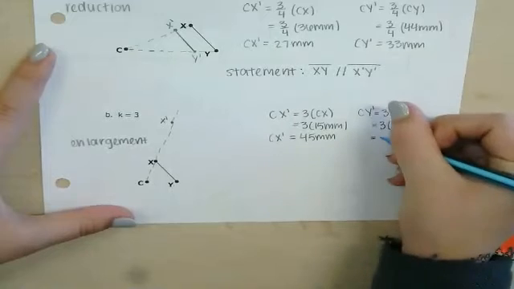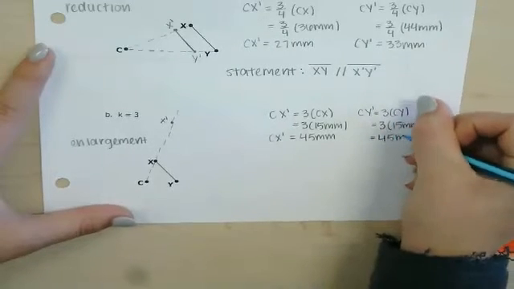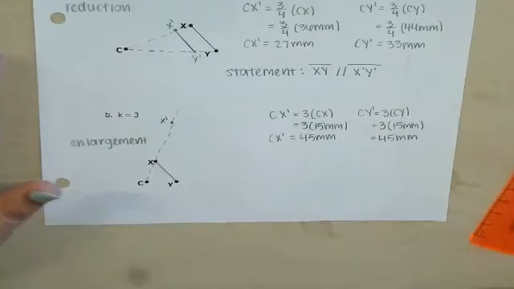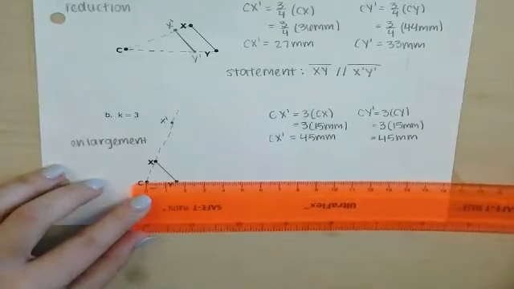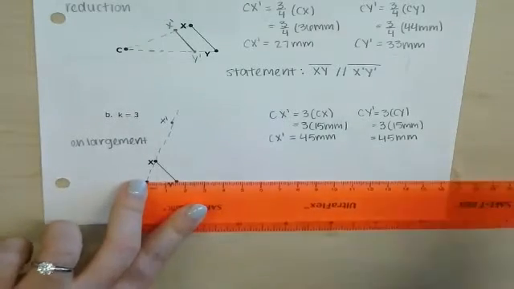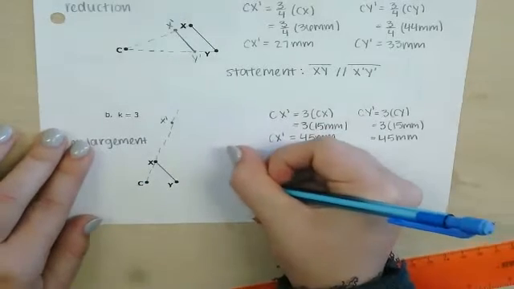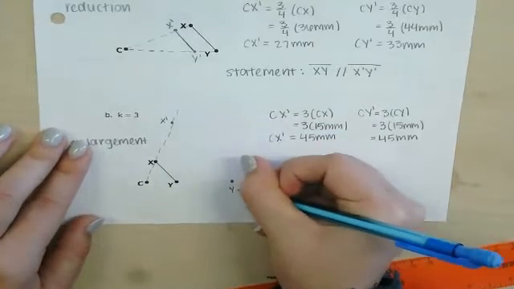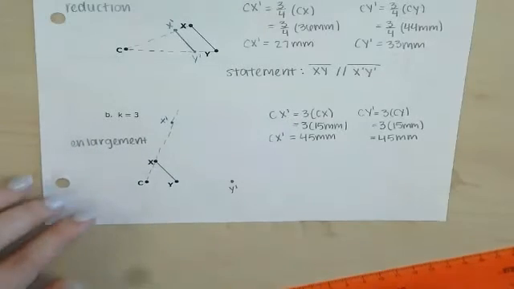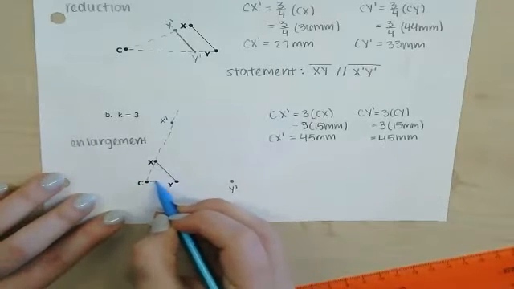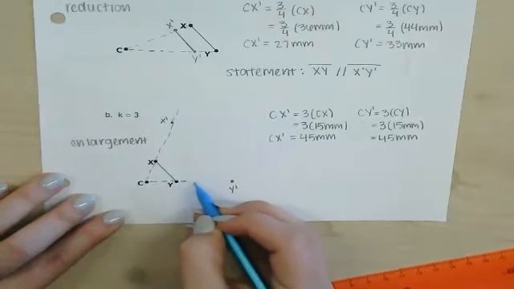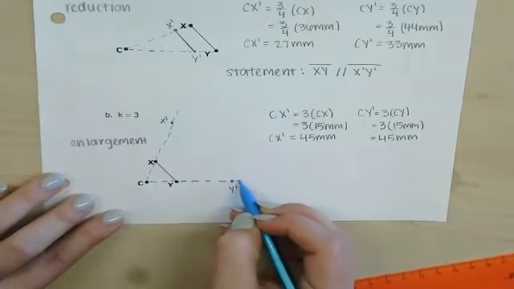So I'm going to take my ruler and make a little mark at 45, and that's going to be my point for Y prime. Okay, so again, make sure you go back and draw those dotted lines between them.